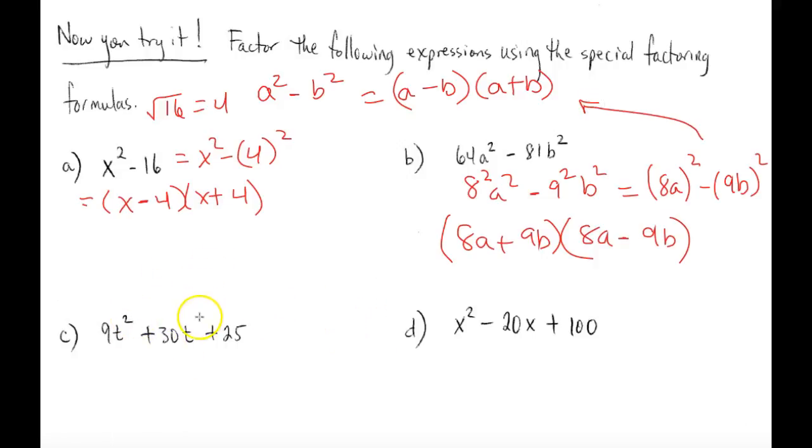For our next example, if you notice here, 9t squared will just be 3t times 3t. 30t is going to be 2 times 15t. And then, of course, 25 would be 5 squared. Okay.